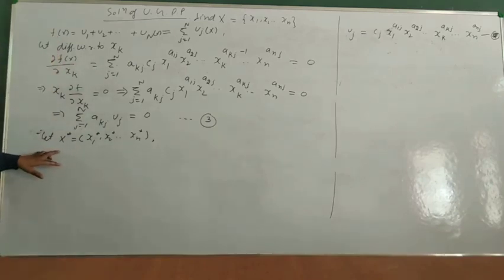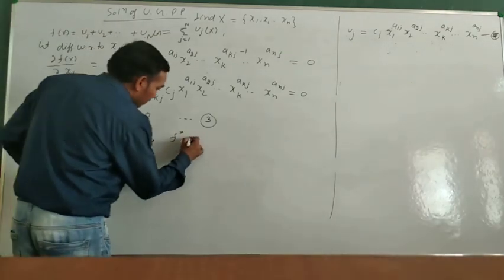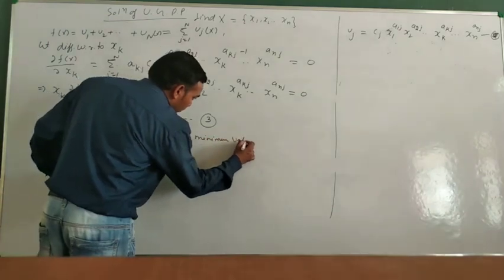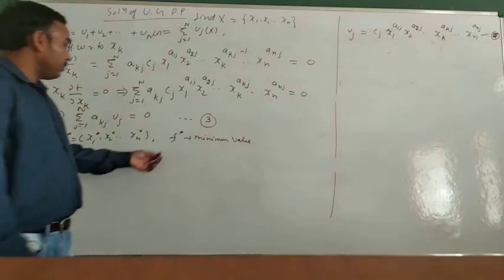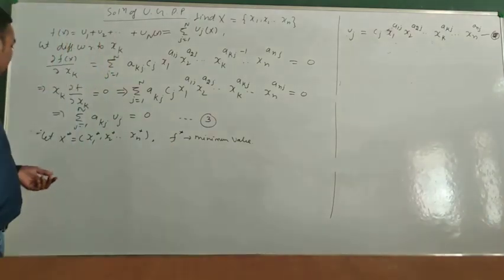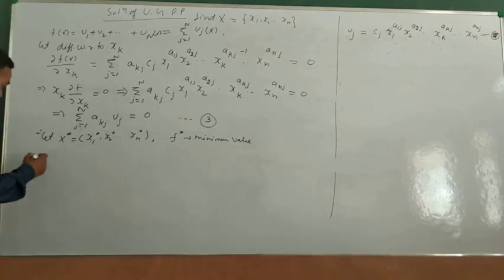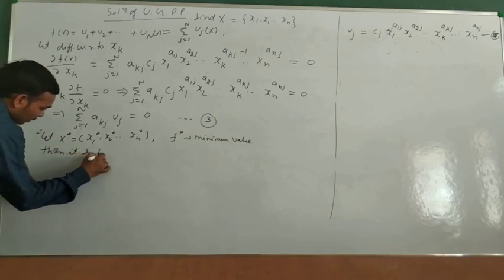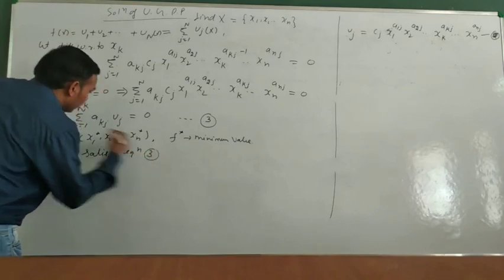Let the minimum value be f star. If f star is the minimum value and x1 star, x2 star and so on is the solution, then it satisfies equation 3.